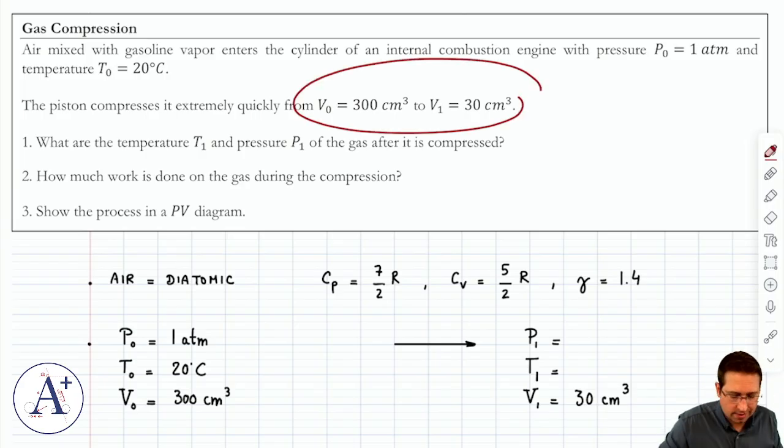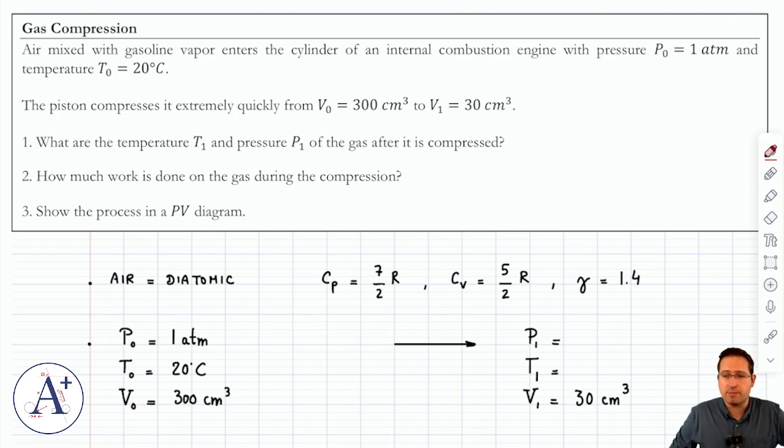Certainly not. Is it constant temperature? I don't know, or it could be adiabatic. But if you tell me that it's an extremely quick compression, that tells me that it's adiabatic. So this is Q is equal to 0. Okay. So that's one of the reasons I wanted to do this problem, just to re-emphasize that extremely quickly means adiabatic, typically in the world of thermo, and also to use the Laplace formula that we haven't talked about before and that we're going to see here.